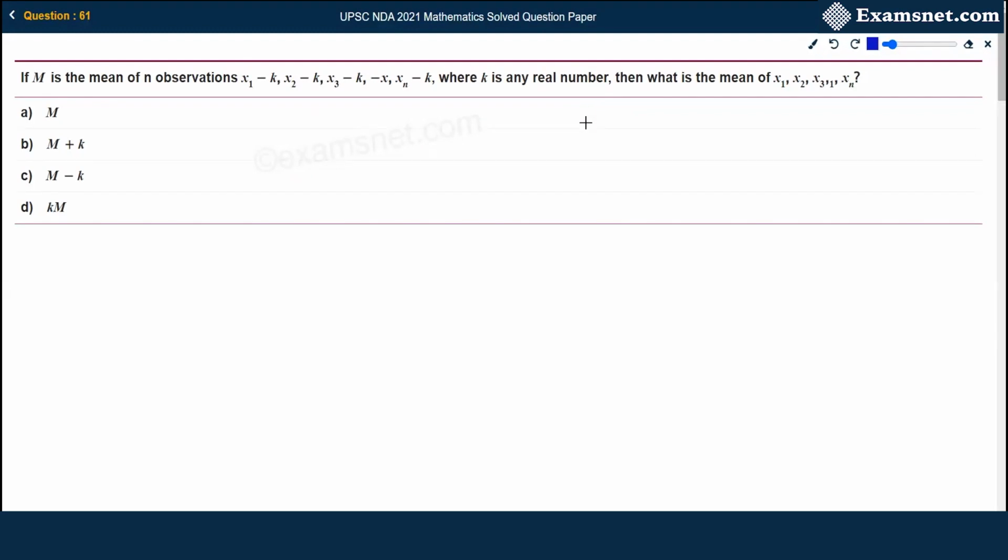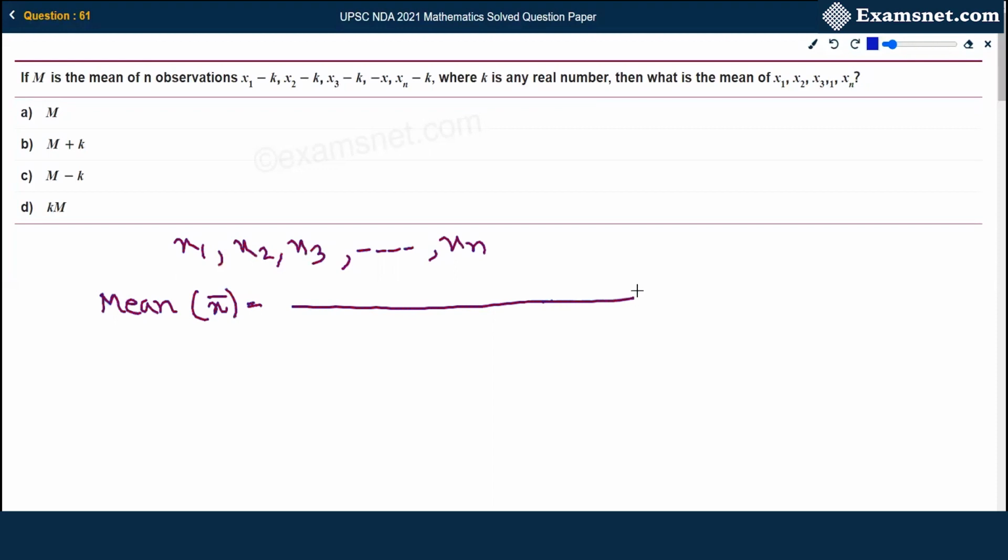So look here. First, we can write the formula for finding the mean of some observations. If there are some observations x1, x2, x3, up to xn, like there are n number of observations, then the mean x bar denotes the value of the mean, that is the total value.